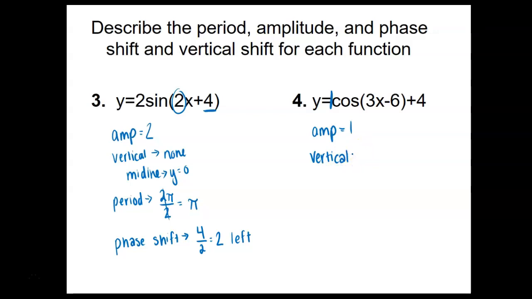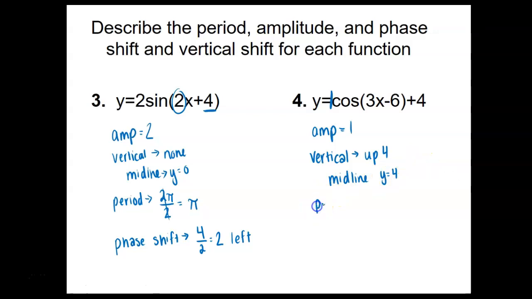Jade, what's our vertical shift going to be? Up 4, very good. And since we have a vertical shift of up 4, our midline, Trevor, what's it going to be? Y equals 4, very good. Okay, so we have our amplitude, we have our midline.